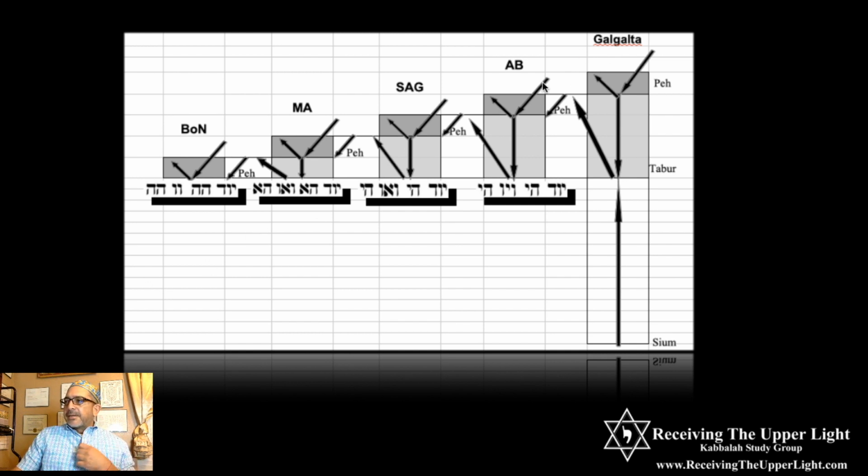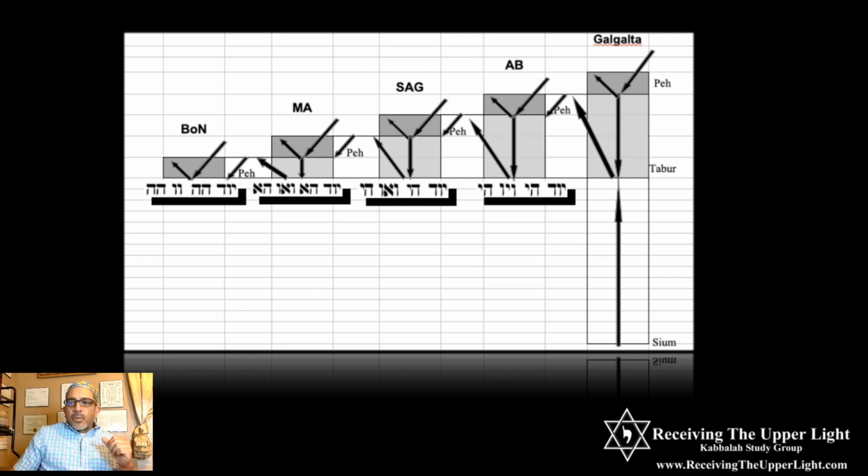Keter is Galgalta, Chokmah is Ab, Bina is Sag, Zeir Anpin is Ma, and Malchut is Bon. And these names that you see are based on the numerical value of the filling, or the expansion, I should say, of the names of God that you see here below. The numerical value of those, the addition of those letters, is what gives the name of those partzufim.